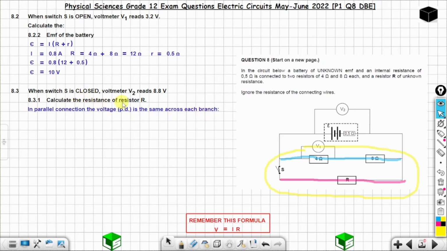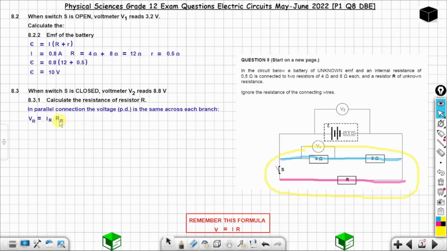We have to find the resistance of resistor R. On this branch you only have one resistor, resistor R. So the voltage across resistor R is equal to the current through resistor R times the resistance of resistor R. We are using this formula.